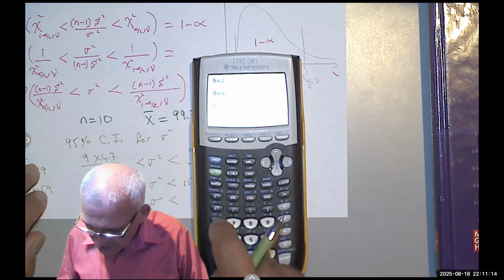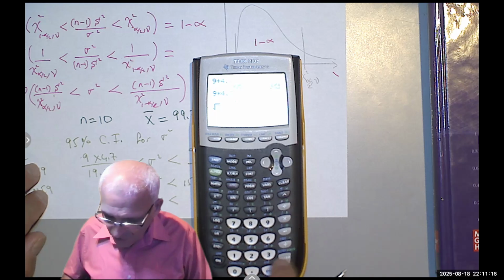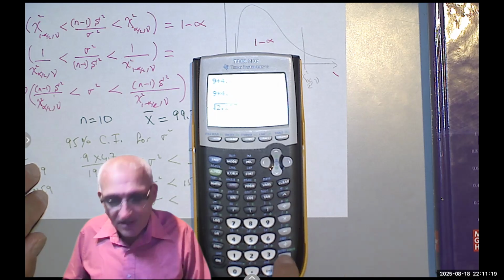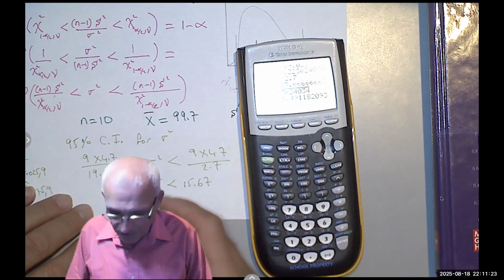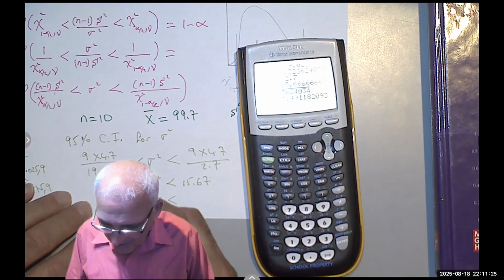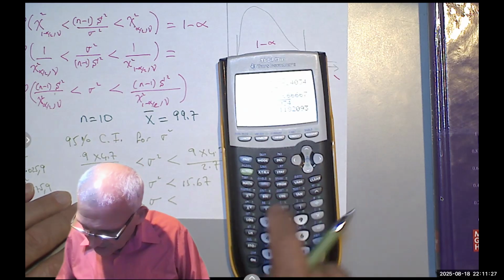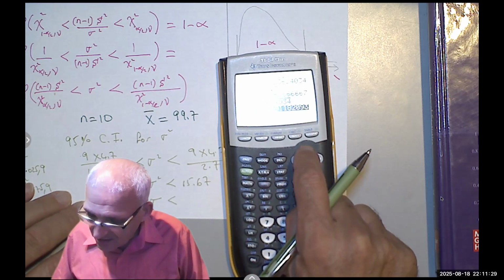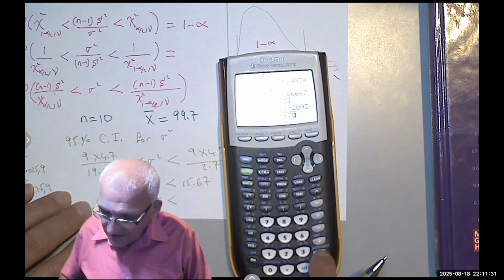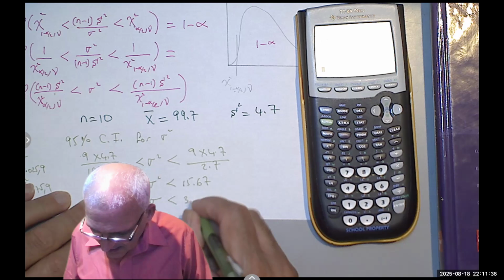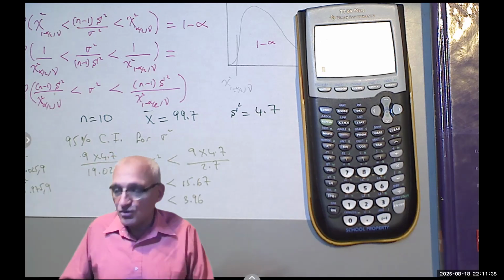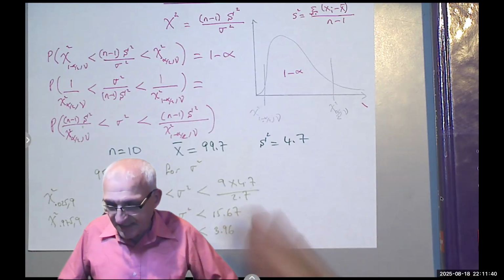So if I take the square root of 2.22, what do you think you get? Roughly 1.5. You know, 1.5 squared is 2.25. So this is 1.49. And if you take the square root of 15.67, you get 3.96. And these numbers, of course, are closer to each other because that's a square root.